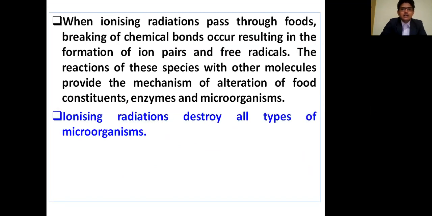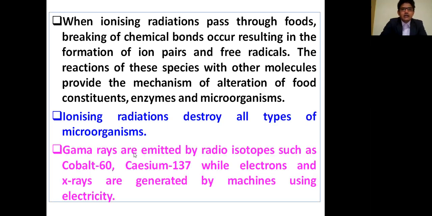Ionizing radiation destroys all types of microorganisms. Gamma rays are emitted by radioisotopes such as cobalt-60 and cesium-137, while electrons and X-rays are generated by machines using electricity.